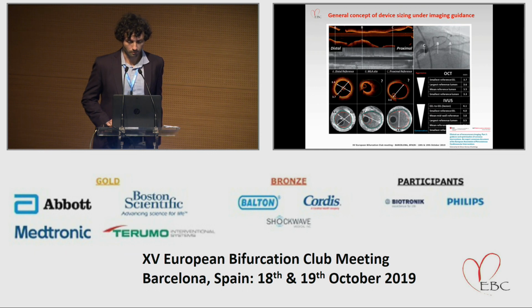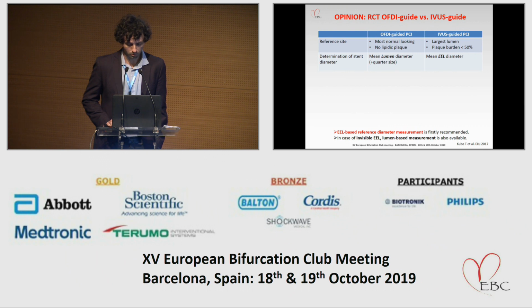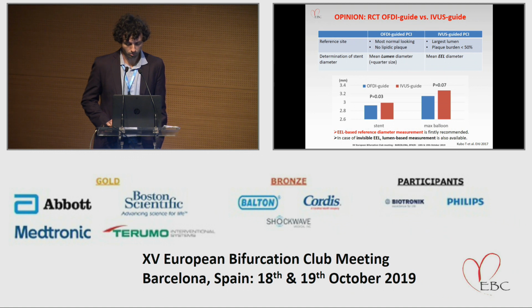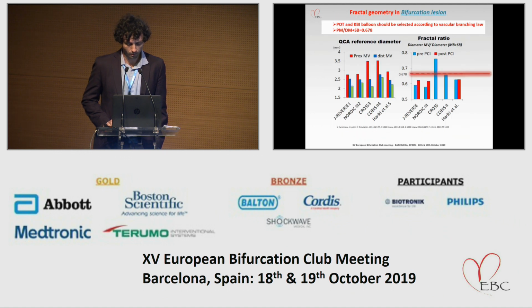Choosing the right size of the stent, we can be more aggressive or more conservative. More aggressive means that we can choose according to the EEL diameters, or more conservative according to the lumen diameters. And if we choose to be more conservative, we might end up with smaller stent sizes, as in the OPINION trial, compared to IVUS-guided EEL.